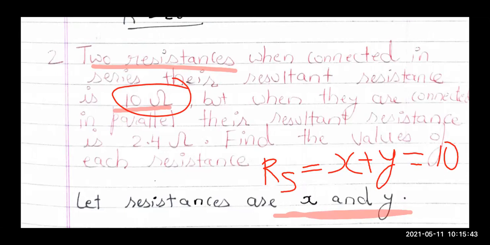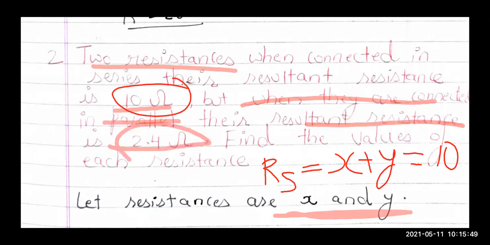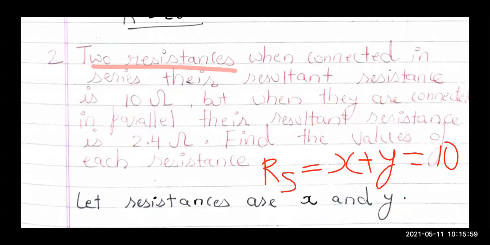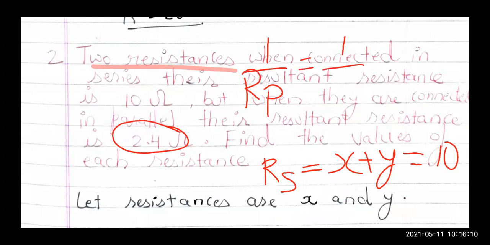Let's read the question further. But when they are connected in parallel, the resultant is 2.4 ohm. Find the value of each resistor. So you have to find the value of X and Y. Now what does the second line say? It says that when you're connecting them in parallel, the answer is 2.4. So you know the formula for parallel, 1 by Rp equals 1 by R1 plus 1 by R2.